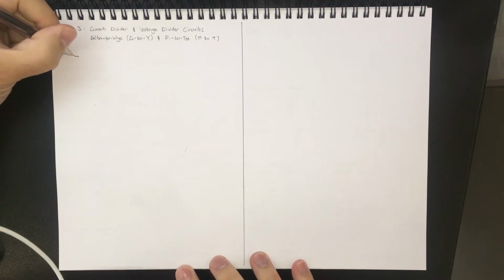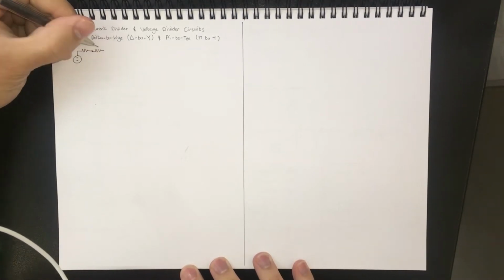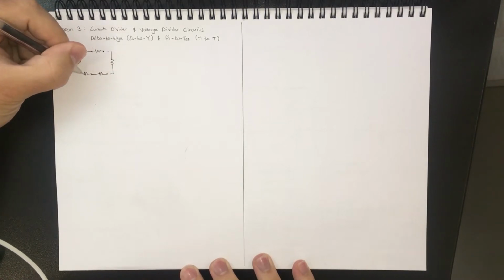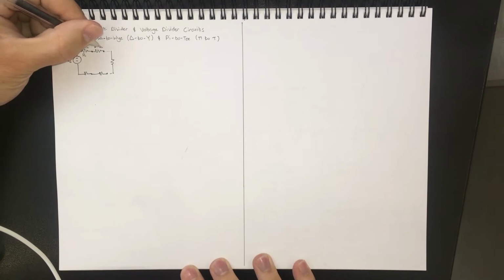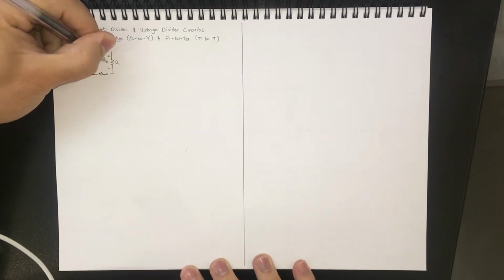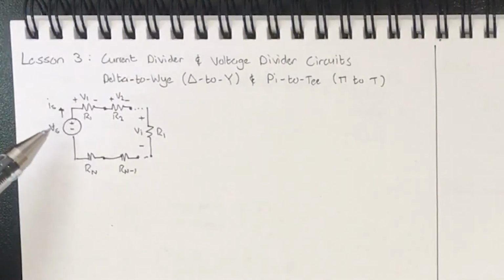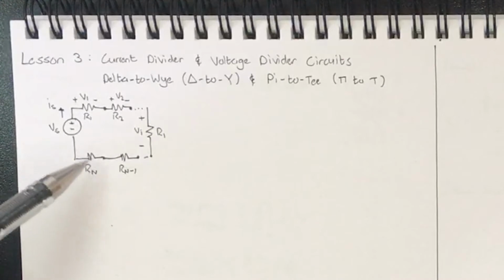So, as always, let's draw out our circuit diagram. Okay, so what you can see I've drawn here is a series combination of resistors, of n different resistors.